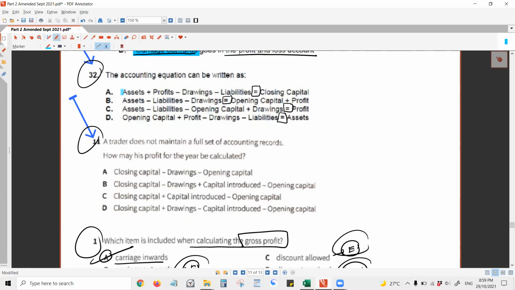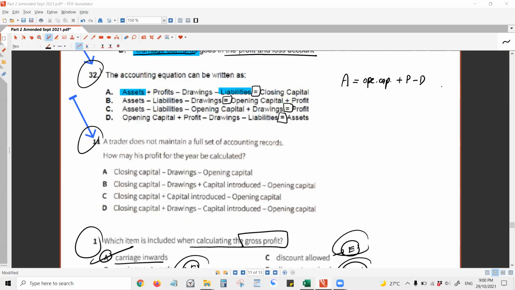Take note, they don't break down the assets. They have not broken down the liabilities. So don't break them down. Keep them fresh in the accounting equation. A equal to opening capital plus profit minus drawing. Is there additional capital in any of the equations here?